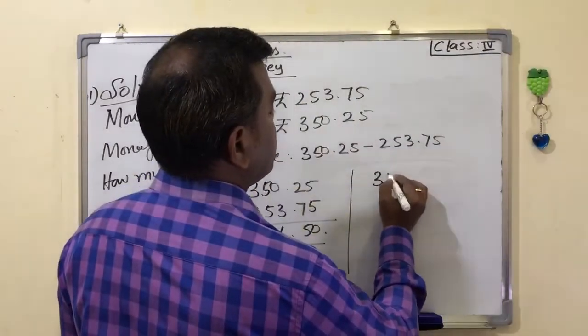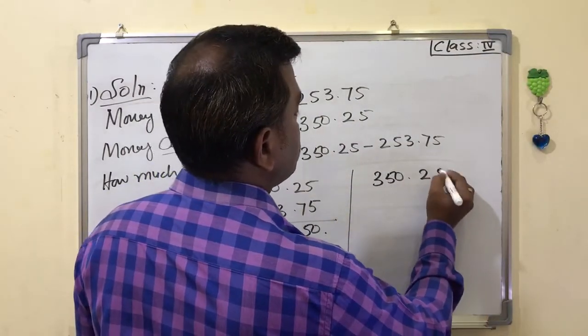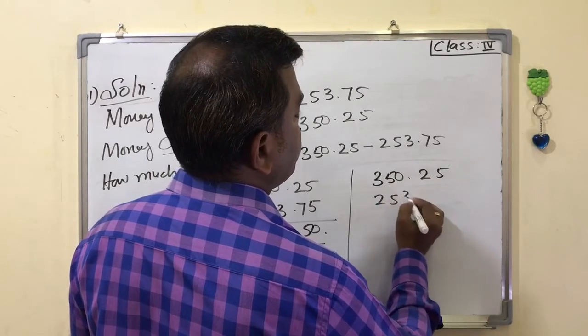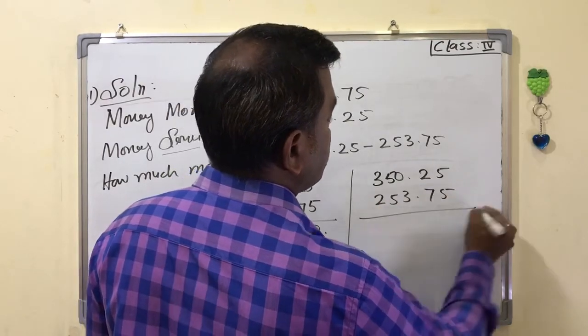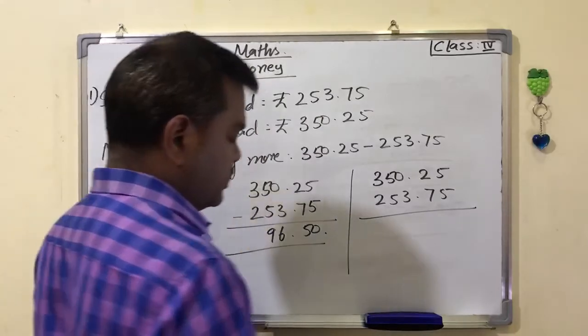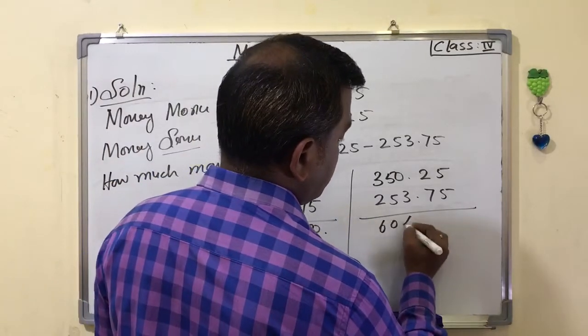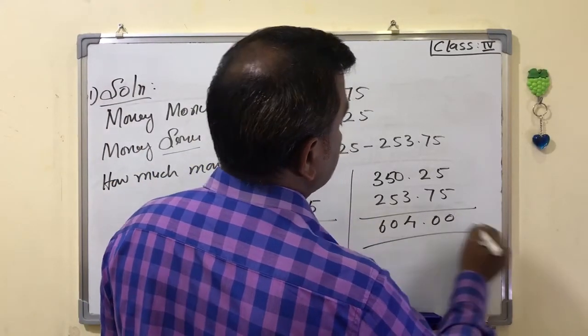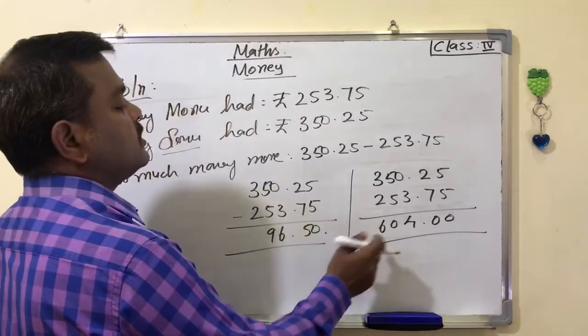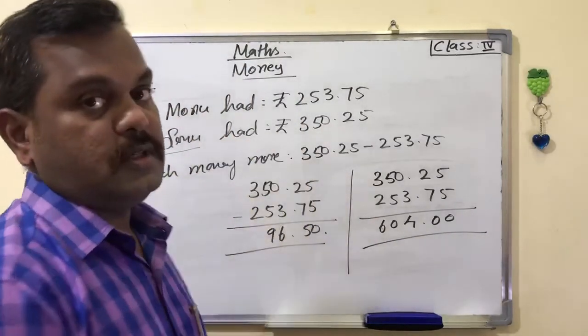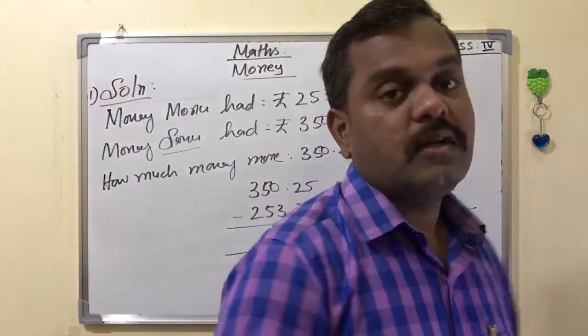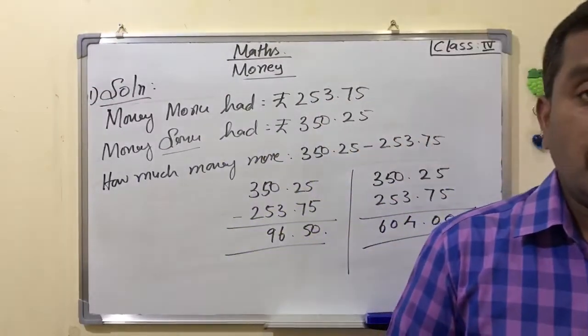So 350.25 and 253.75, add, you will get this answer: 604 rupees. Okay, so 604 rupees they had altogether. Understood?